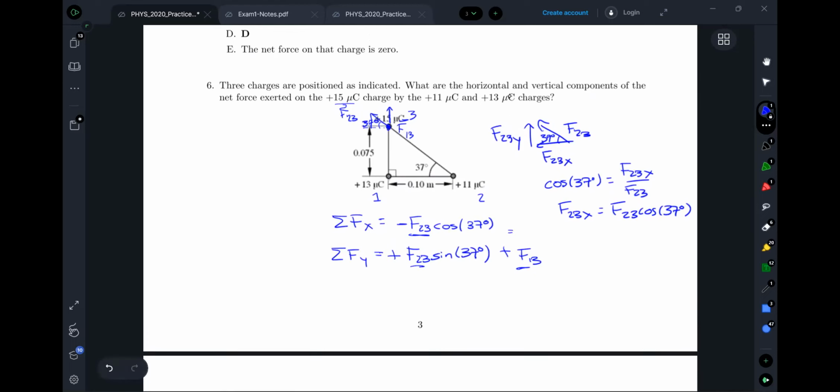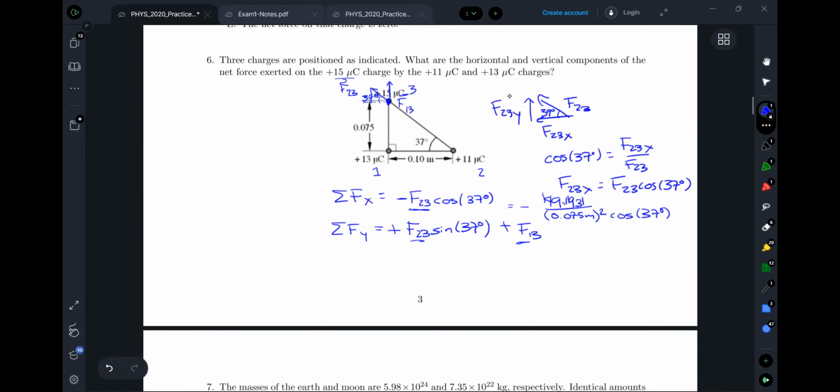So this one's K, Q1, which is my 13 microcoulomb. Q3 is this one up here. We've already accounted for direction, so I'm going to use the magnitude of those charges, over our distance, 0.075 meters squared, cosine 37. And then for this one, I'm going to wrap around here.